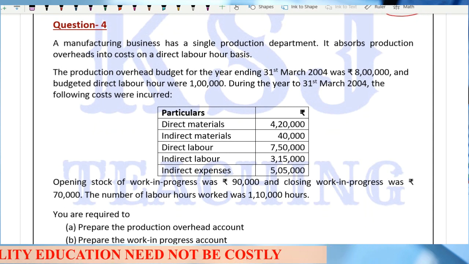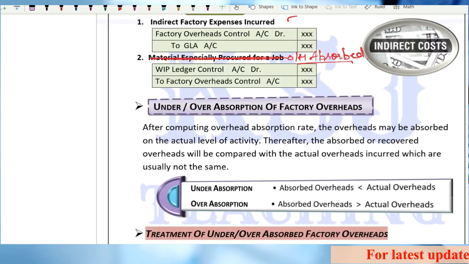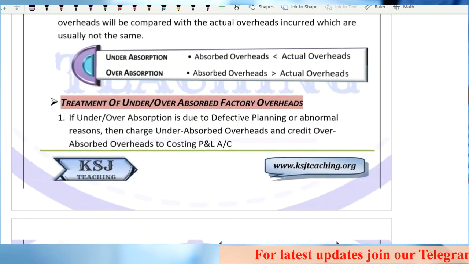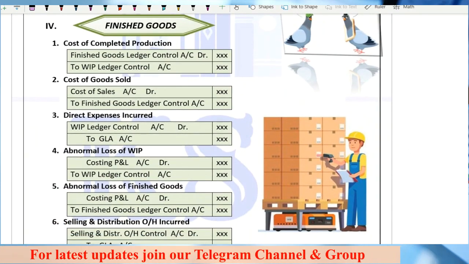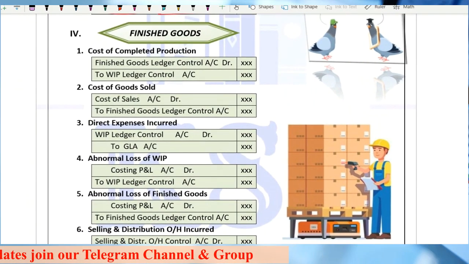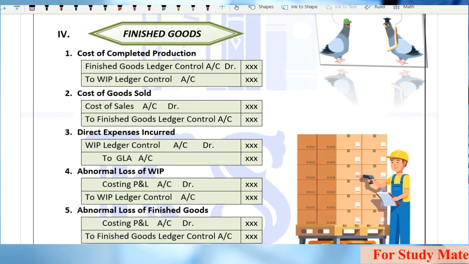So in this lecture, first we'll see question number 4, that is on the overheads, and after that, if we get some time, we'll try to cover the last part, that is finished goods. Because I don't want to make very big lectures, if by the end of that question it feels like the lecture will be extended too much, then it might get boring for you, so we'll keep this for the next lecture.